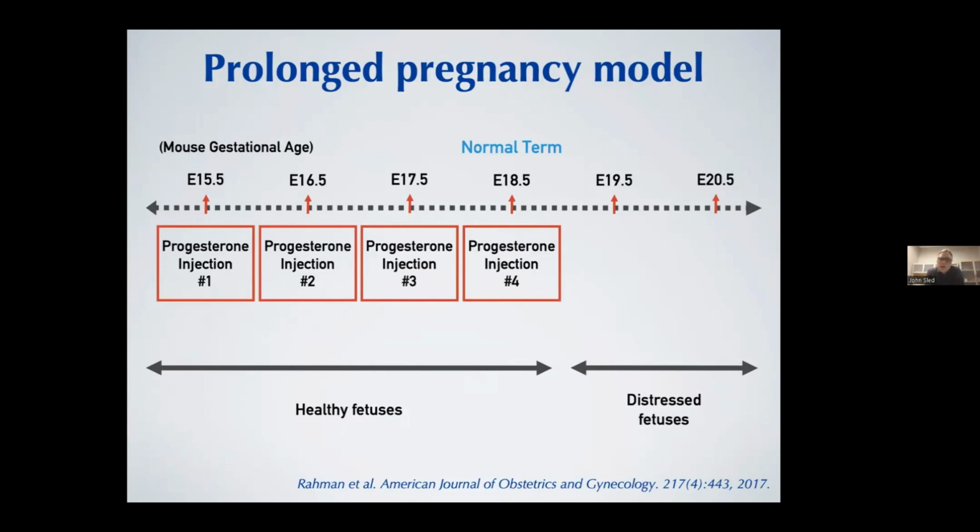And so mice that are given this treatment don't go into labor, and so the gestation continues. And as you might imagine, they keep getting bigger, and this becomes more a source of stress on them, and then at some point they're stillborn. And so you might think of this as a kind of late onset fetal distress.